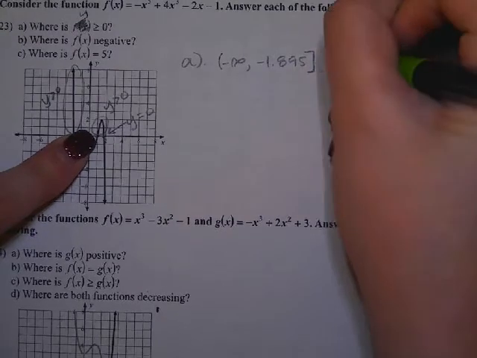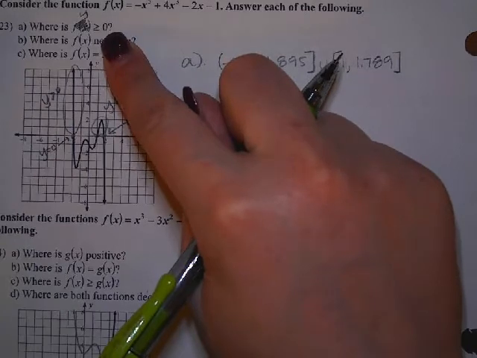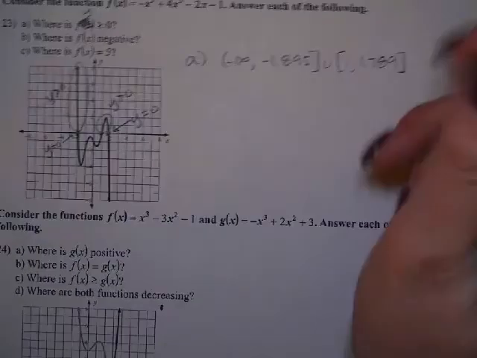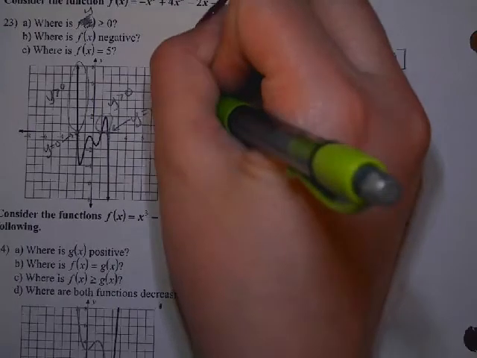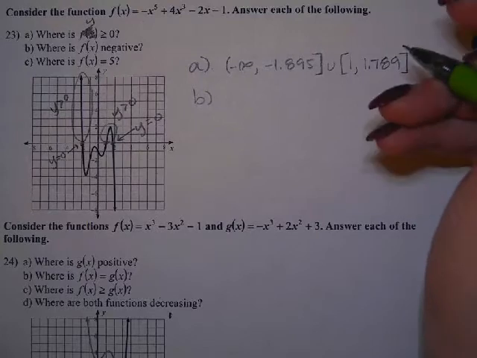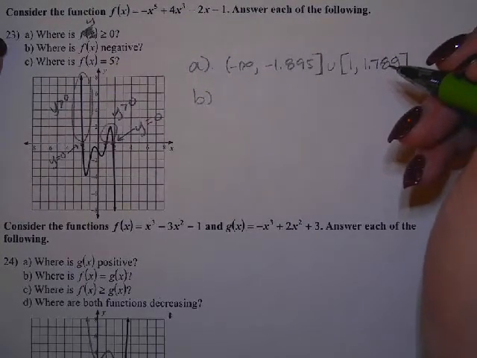U. Okay, so this said where is f of x greater than or equal to 0? That's saying where is it 0, where is it positive? The next question says where is f of x negative? So where is it going to be? Yeah, it's going to be below.